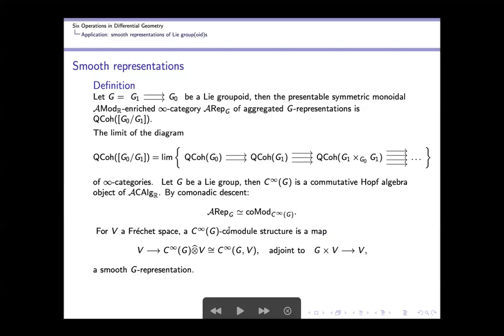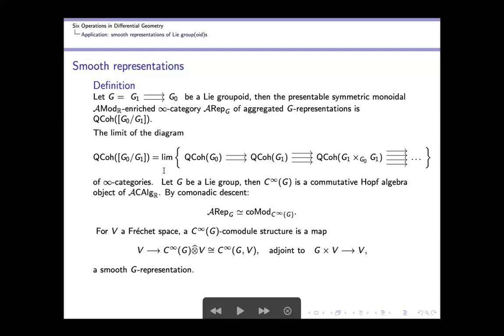A comodule structure is just a map from V to smooth functions on G tensor V. That's the same as smooth functions on G with values in V. And such a map is adjoint to a map from G times V into V. So this is just a G representation. But the fact that it comes from a map like this means that this map is actually smooth for the natural manifold structure on G and the natural infinite dimensional manifold structure on V.